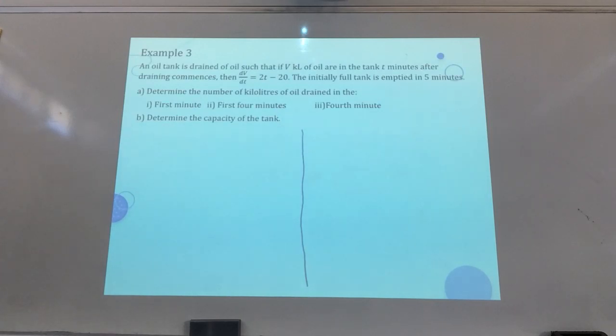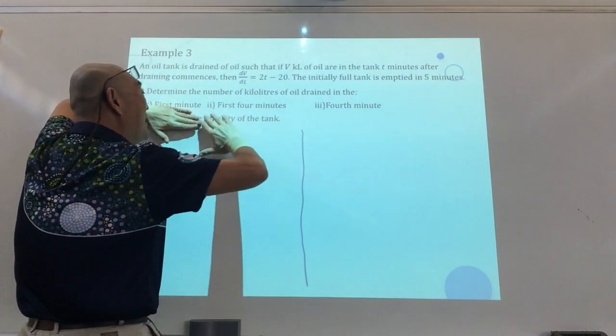First minute is 0 to 1. Second minute is 1 to 2. Third minute is 2 to 3. Fourth minute is 3 to 4. So this is the tricky bit, all right? We'll talk about that later.